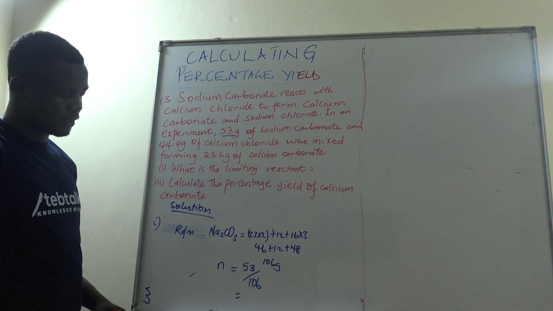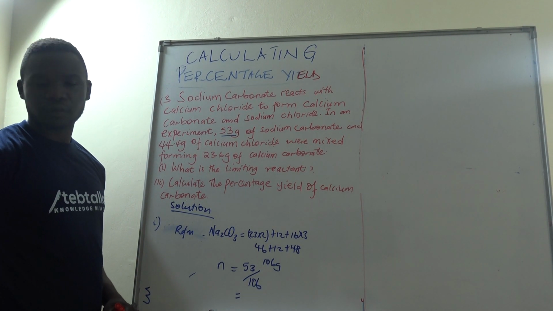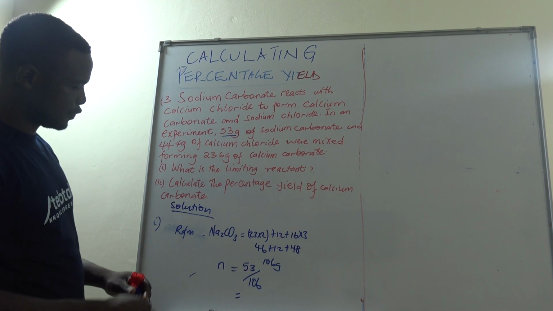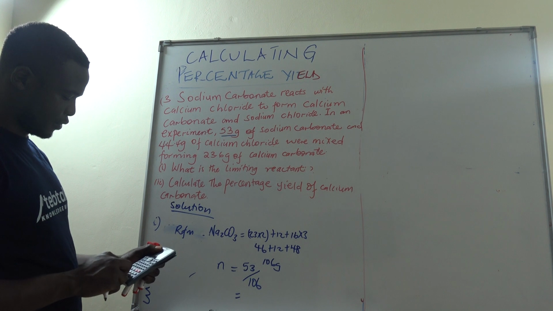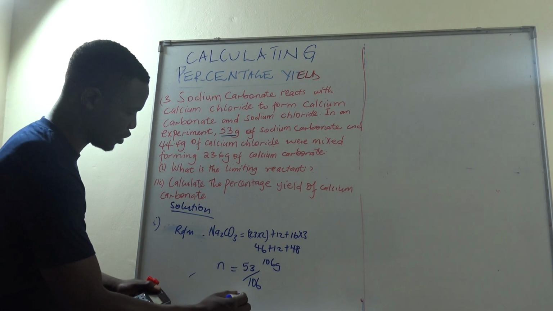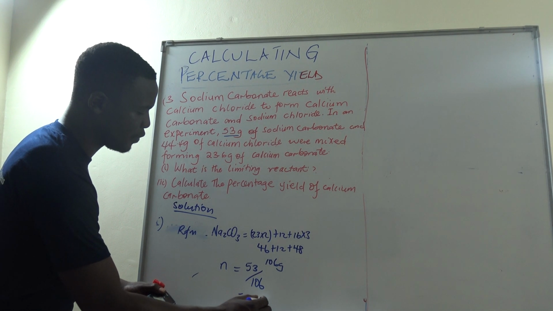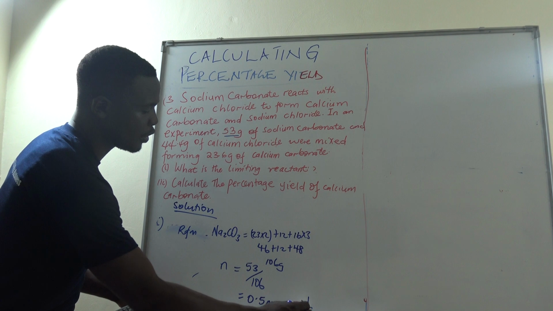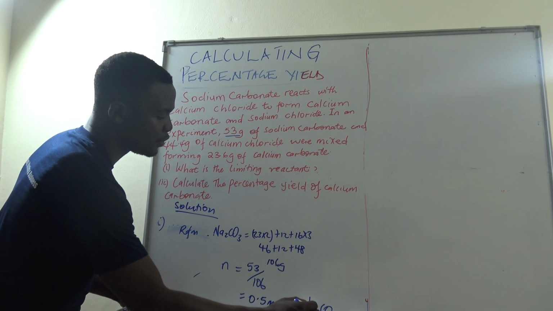Let's calculate and see what we get. On my calculator, this is 53 divided by 106. We get 0.5 moles of sodium carbonate.